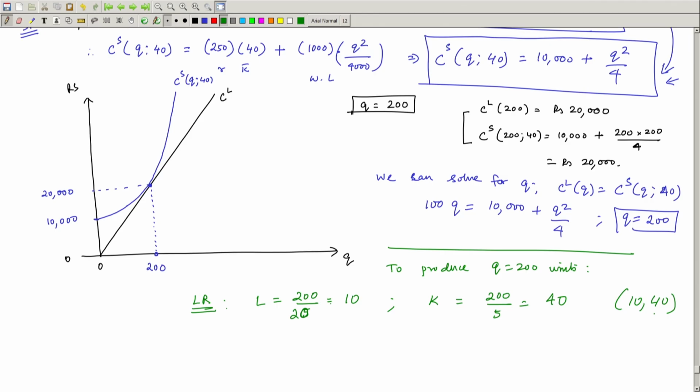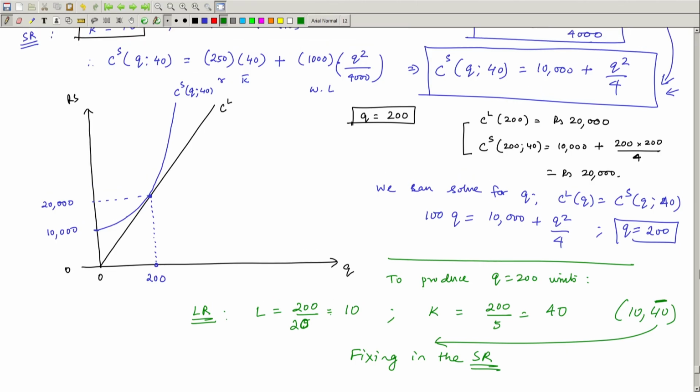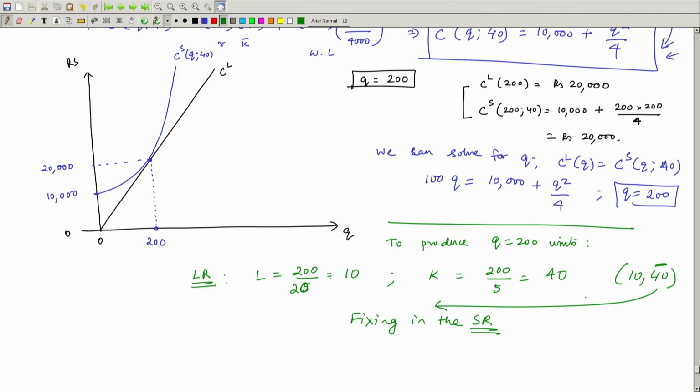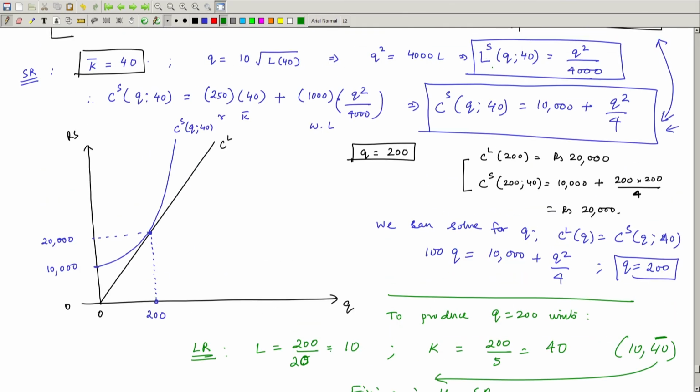But notice, the amount of capital that I am using, which is 40, is what we are fixing in the short run, right. So, if the amount of capital is fixed at K equal to 40 and you want me to produce exactly 200 units of output, notice how much labor will I need?